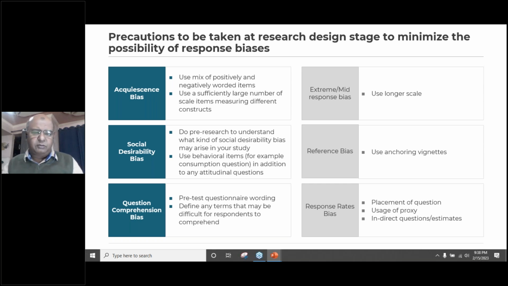Then there is a problem there, and one way to prepare for it is to use positively and negatively worded items.